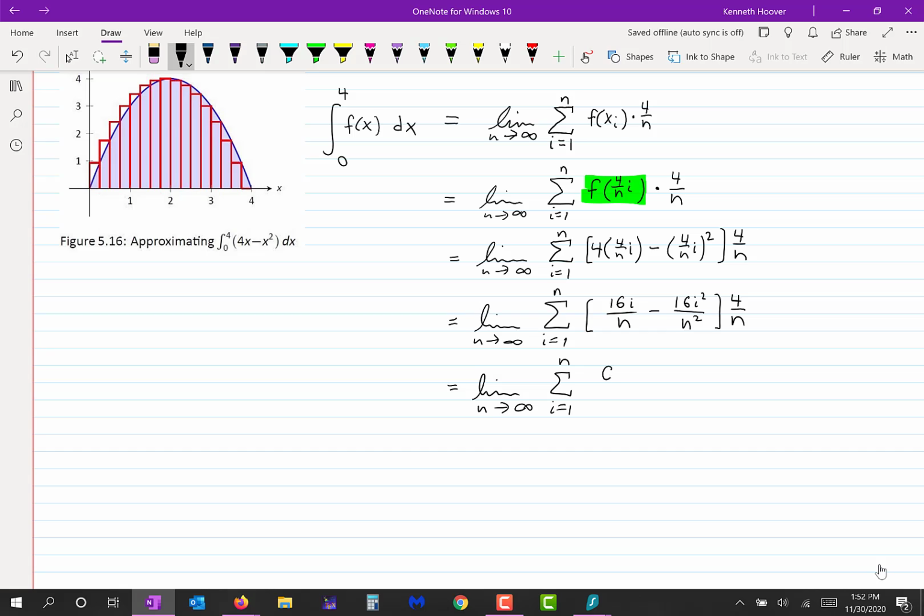So that'll give us 64i over n squared minus 64i squared over n cubed.